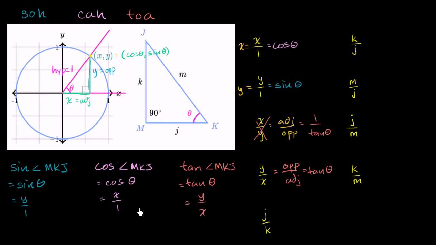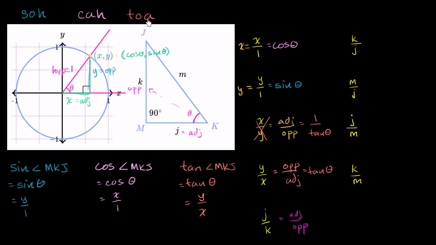Now let's look at j over k. Now we're moving over to this triangle. Relative to this angle, because this is the angle that we care about, j is the length of the adjacent side, and k is the length of the opposite side. So this is adjacent over opposite.